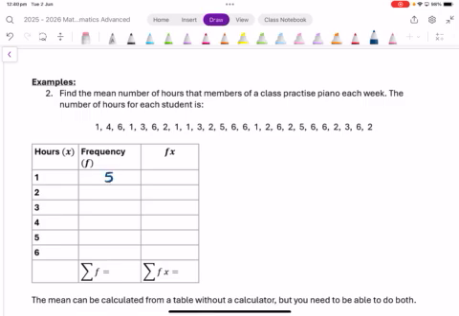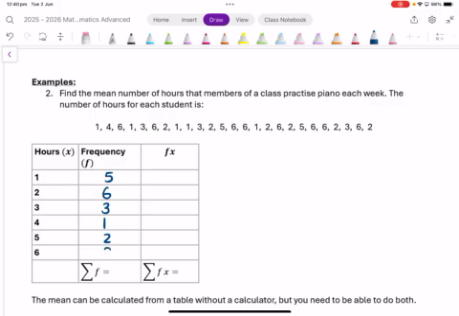How many 3s are there? 3. How many 4s? I only see 1 four. How many 5s? No, there's only 2 fives. And how many 6s?